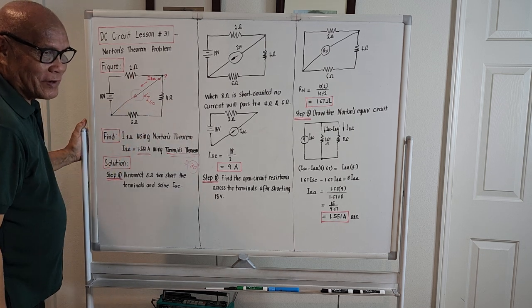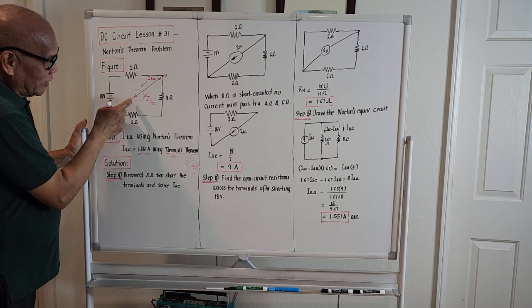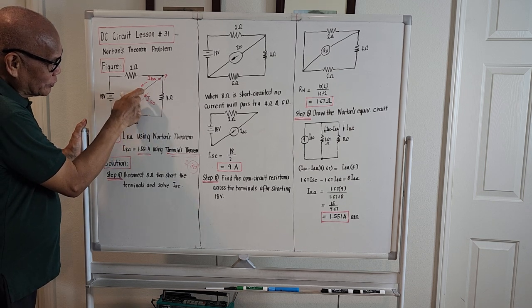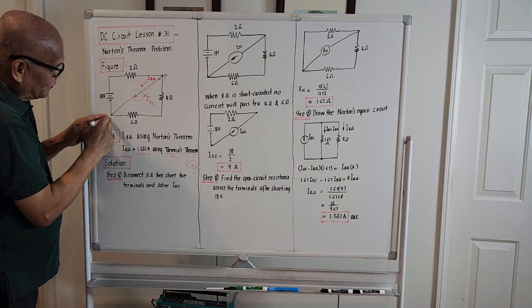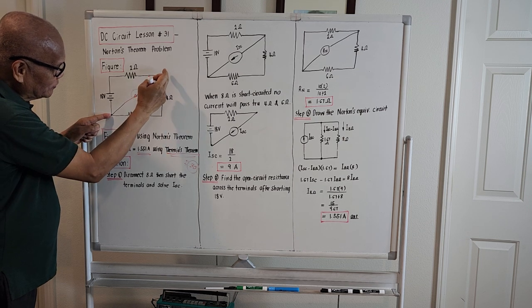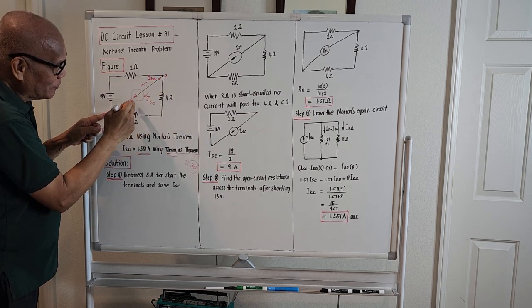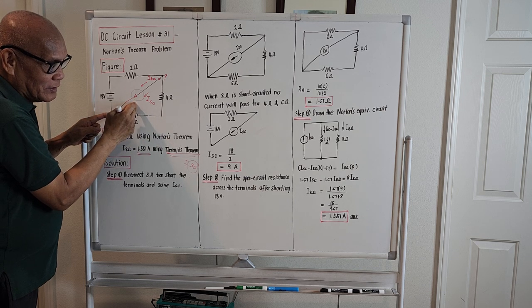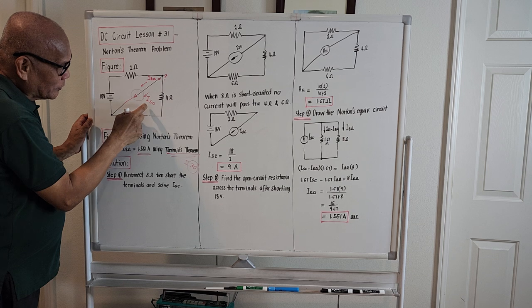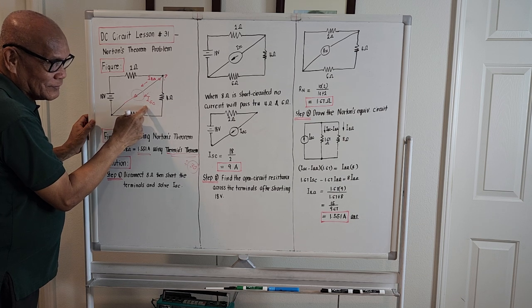That is step number 1. So we remove the 8 ohm load, we short the terminals, and across the terminals, the first terminal here and the one where the 8 ohm emanates, we will place an ammeter, and we will compute for the short circuit current.